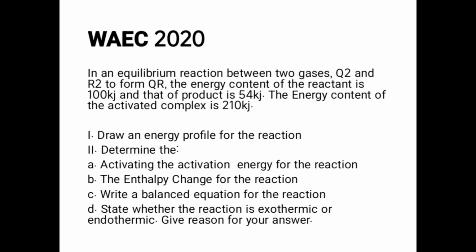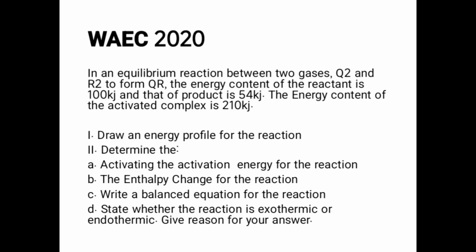The energy content of the activated complex is 210 kilojoules. You are expected to draw an energy profile for the reaction, determine the activation energy for the reaction and the enthalpy change. Then you have to write a balanced equation for the reaction and state whether the reaction is exothermic or endothermic.